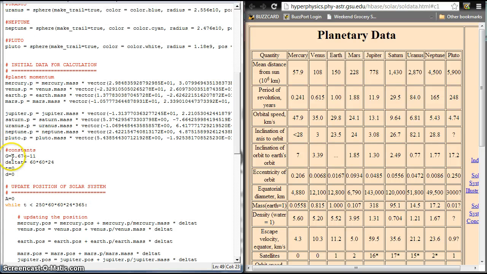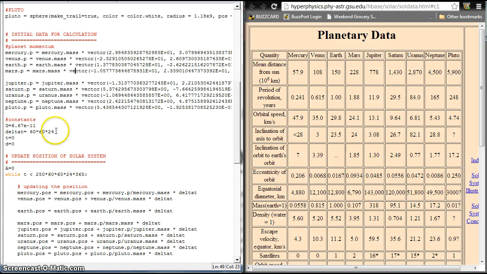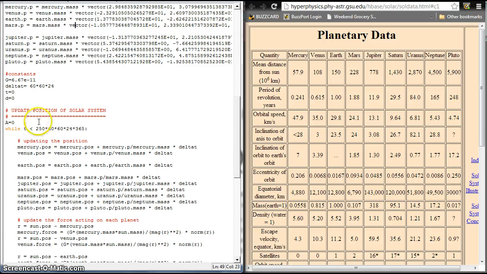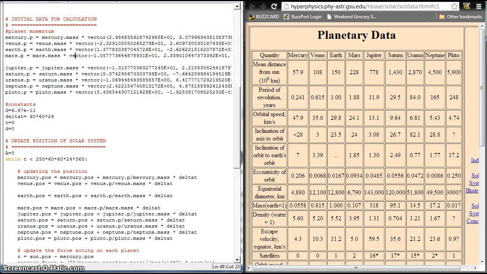Some constants I used were the gravitational force constant and delta T as 1 Earth day. So the time is 1 Earth day, and then for the total time, it is 1 Earth year, technically, multiplied by 250 because it takes Pluto 250 years for one whole revolution.